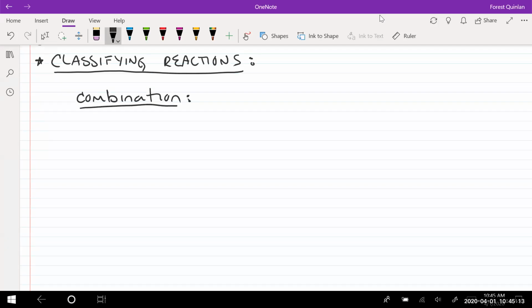Now the combination reaction in general looks like A plus Z going to make a compound AZ. It's just elements combining to make compounds.